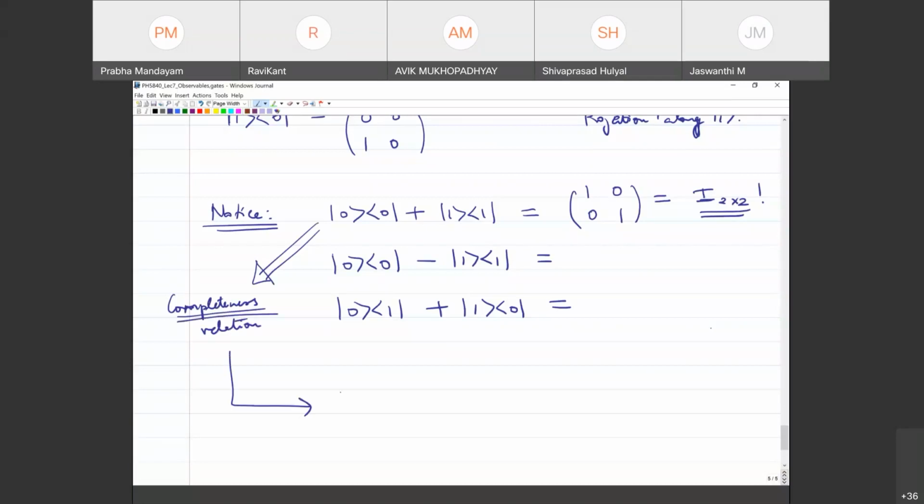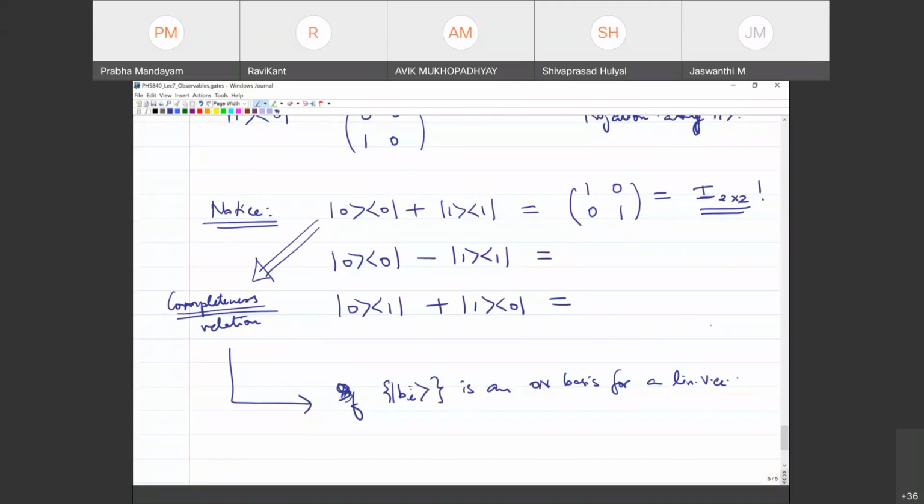If B_i is an orthonormal basis for a vector space, then if I make these outer products, which are nothing but projections on B_i, and I sum over all of them from 1 to D, so let's say that this is a D-dimensional linear vector space, right?